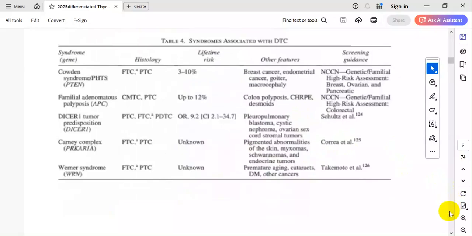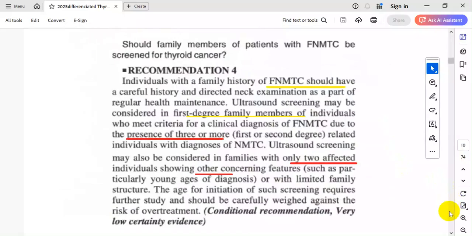Here are some findings in different syndromes, and also recommendation number 4: should family members of patients with familial non-medullary thyroid cancer be screened for thyroid cancers? Individuals with a family history of familial non-medullary thyroid cancer should have a careful history and directed neck examination.